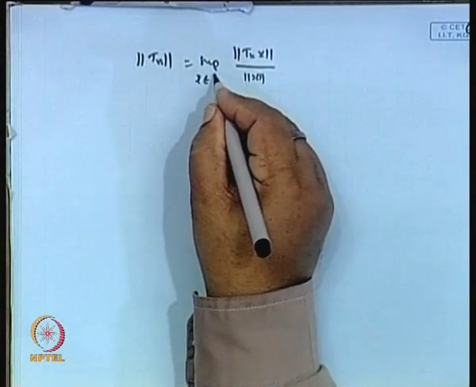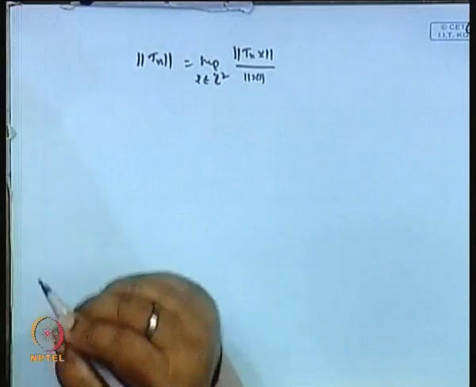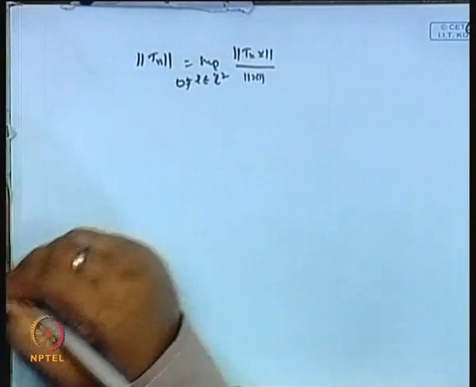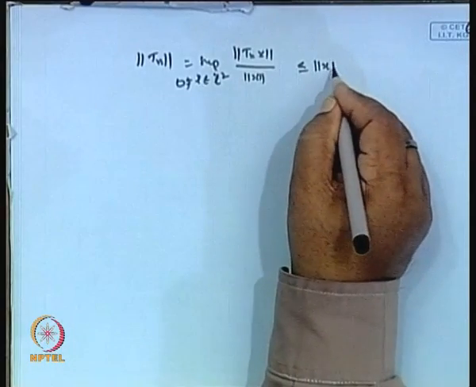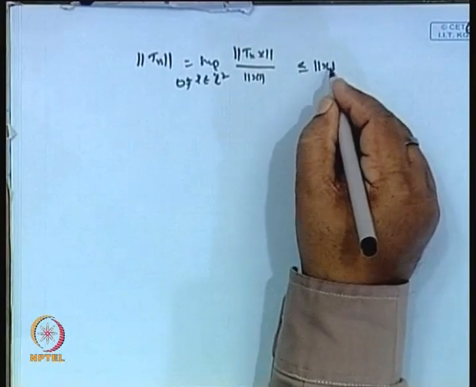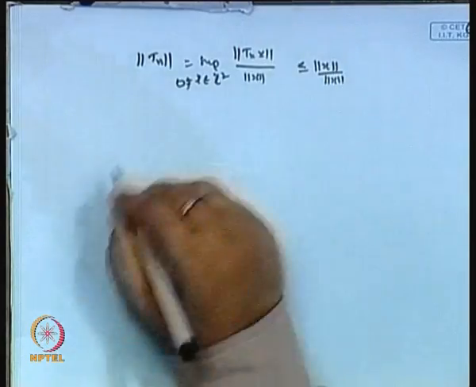Now, Tn x is this, so this is less than or equal to norm of x over norm of x, that is 1.